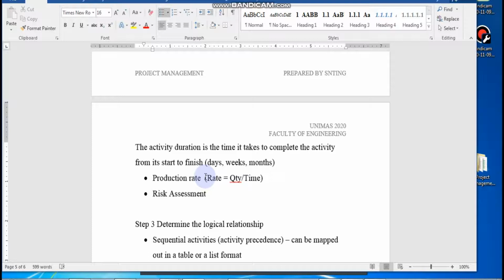Okay, so risk assessment is something that if you can input that into your duration calculation, it will be highly favorable. That means your production rate can either be maintained or reduced, or in some cases you may want to up it a little bit. If you need to up it a little bit, then you need to get more resources.